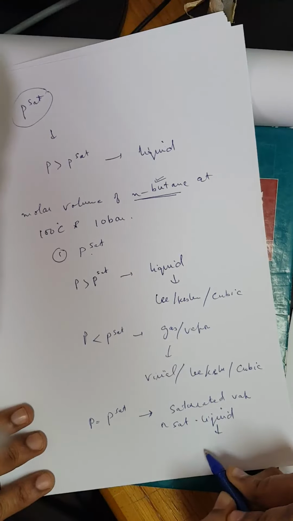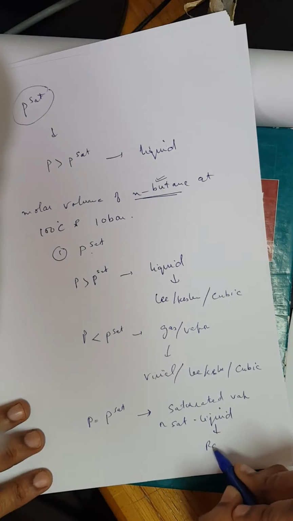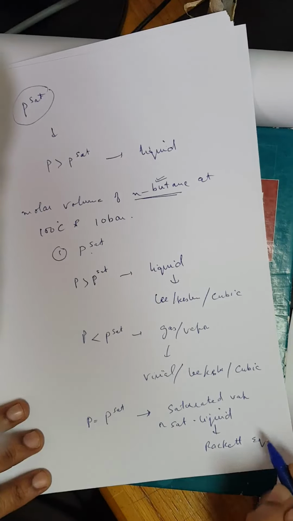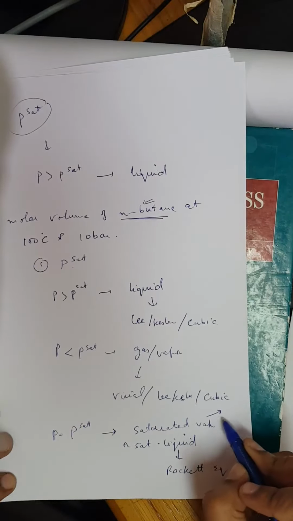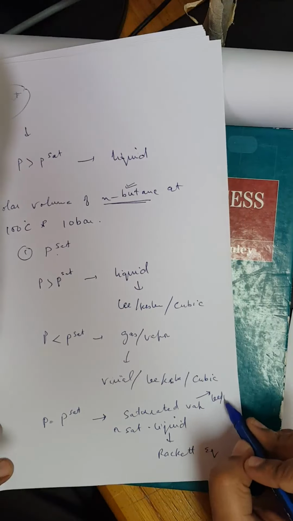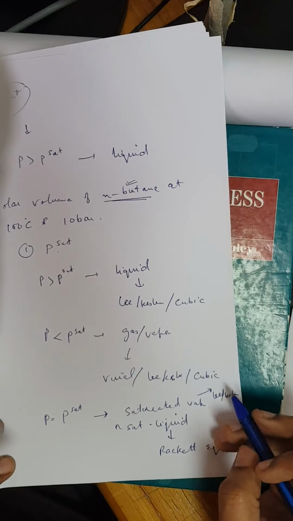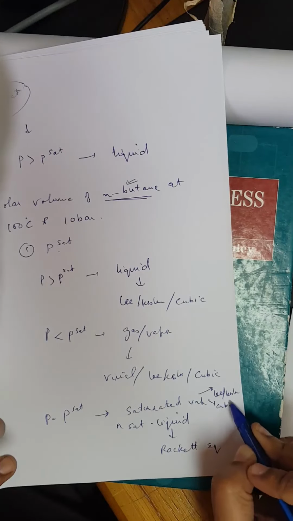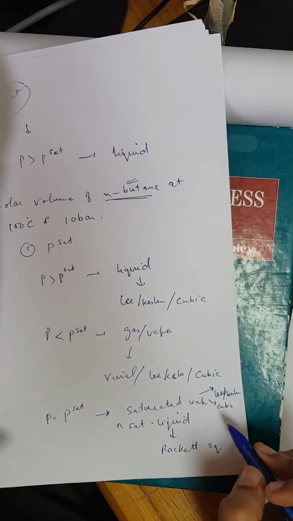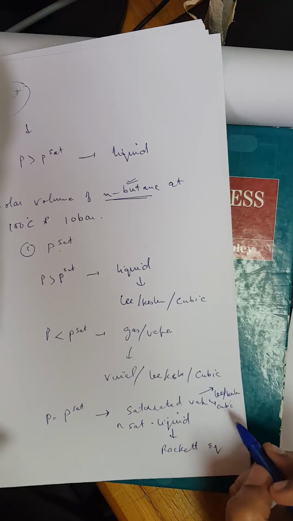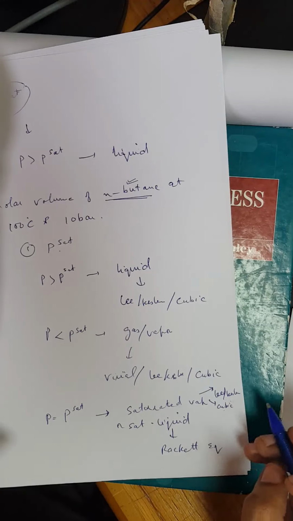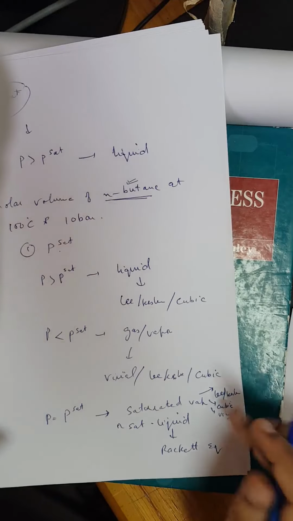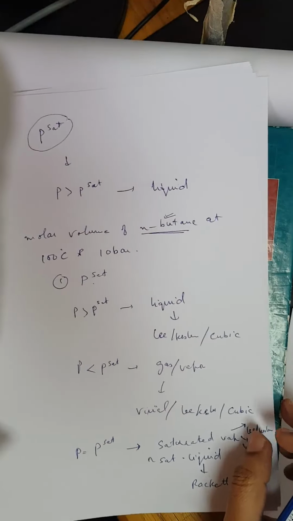For saturated liquid, you have to use Rackett. For saturated vapor, Lee-Kesler or cubic, or virial also. So we already discussed this one in chapter 3.